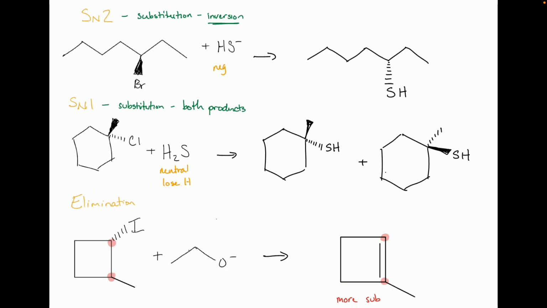Before we go on, let's just go back to our same examples that we started out with. Everybody take a second and figure out whether we have primary, secondary, or tertiary alkyl halides here.